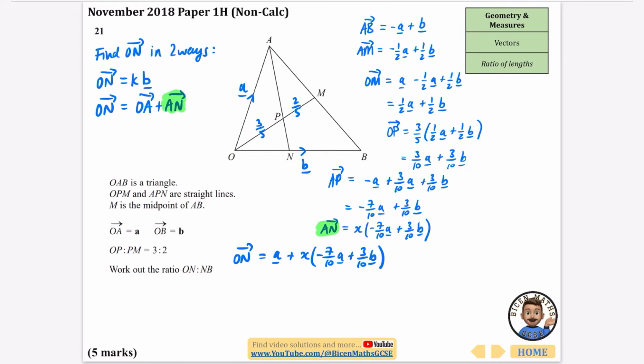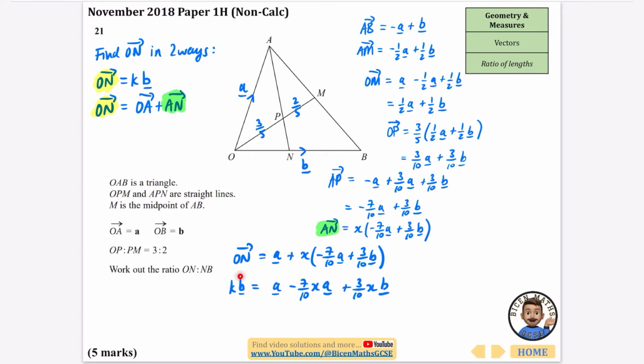So I'm now going to put that on the left-hand side where ON is. So I get KB is equal to A plus, when I expand the brackets, I'm going to get these multiplied, which is minus 7/10 XA plus 3/10 XB.